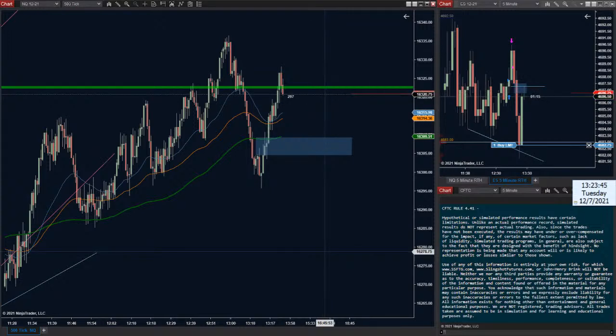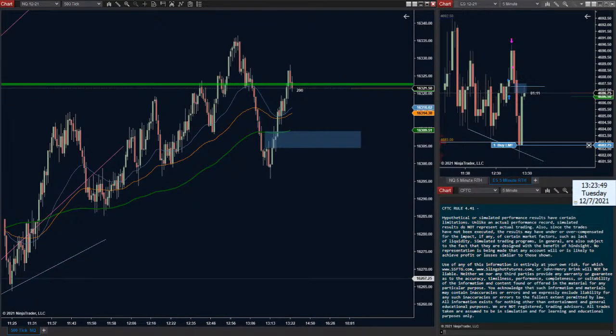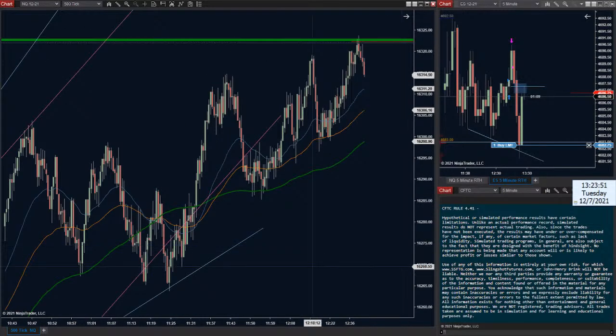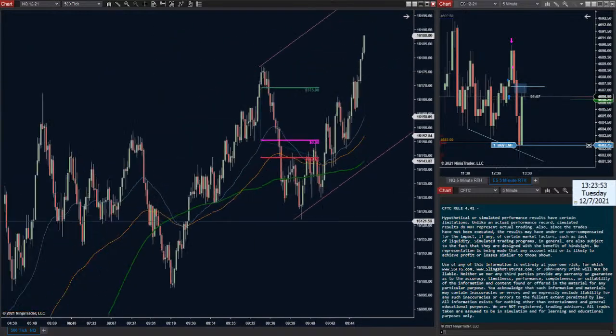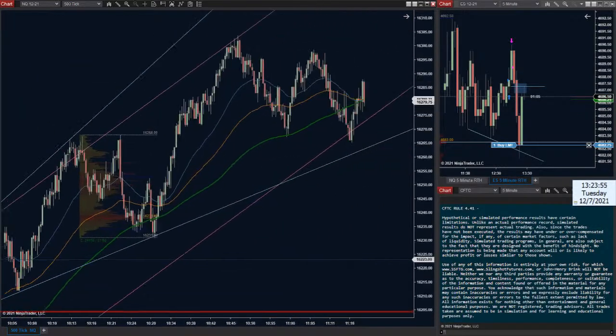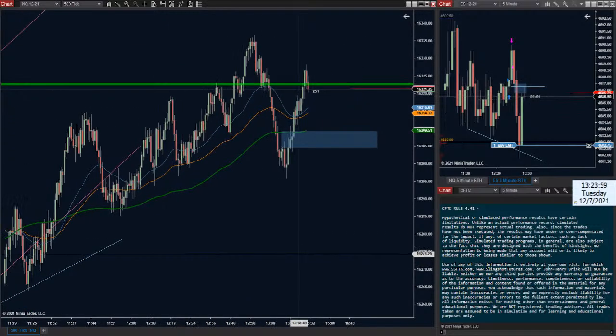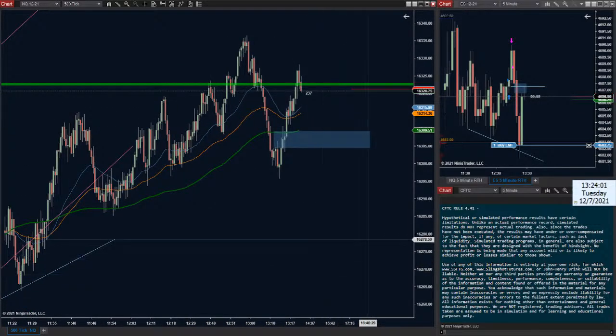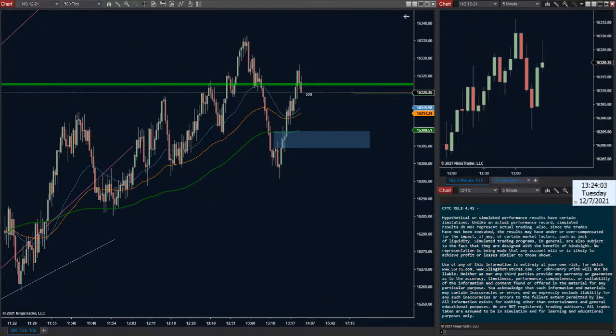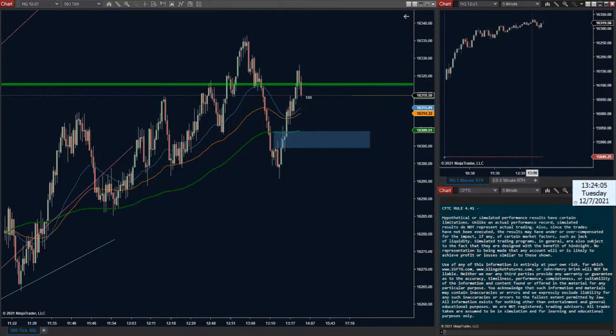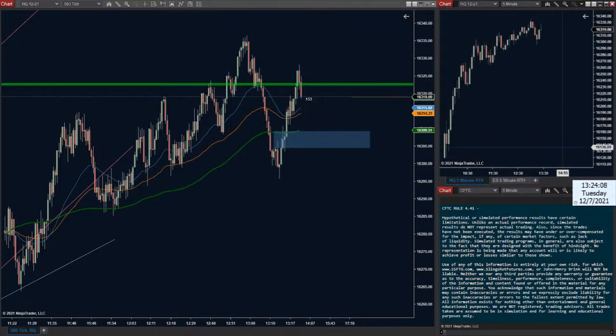NASDAQ also coming under some pressure. There's barely been any pull. Was there? I guess technically there's been one. I mean, the NASDAQ just looks insane. Big spike in channel.